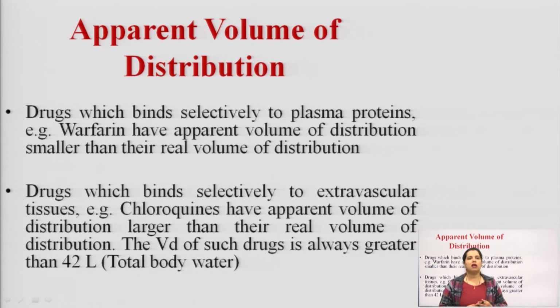Drugs which bind selectively to extravascular tissues, for example chloroquine, have an apparent volume of distribution larger than the real volume of distribution, basically the actual one, right. The VD of such drugs is always greater than the 42 liter total body water.